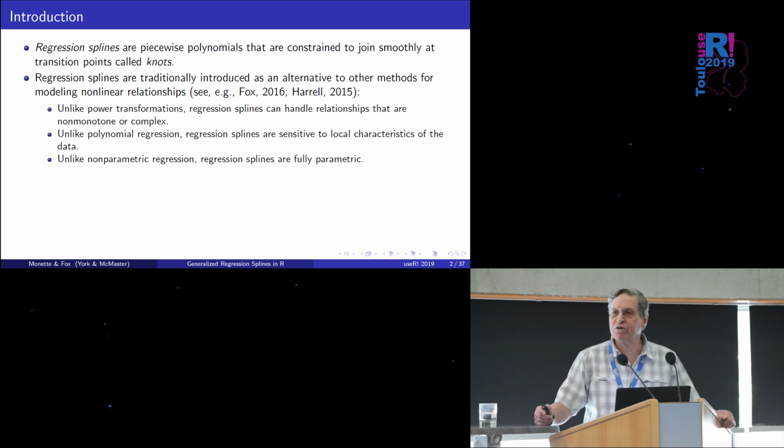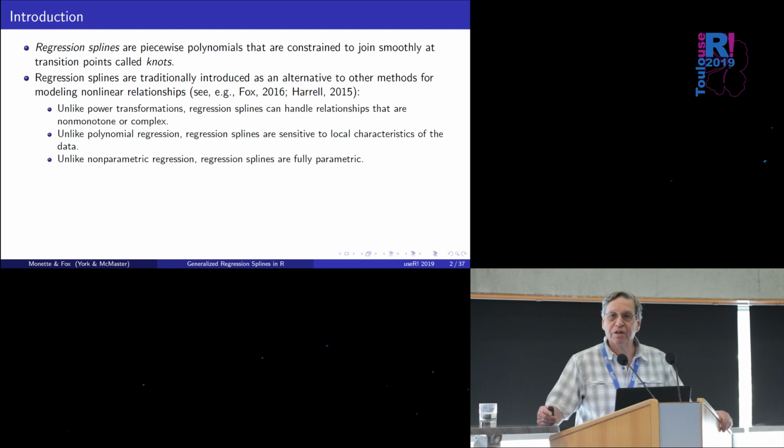Unlike non-parametric regression, regression splines are fully parametric so that they can be incorporated in relatively simple regression models like linear models, generalized linear models, and linear and generalized linear mixed effects models, among others.